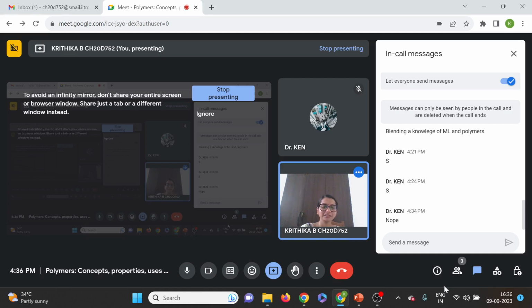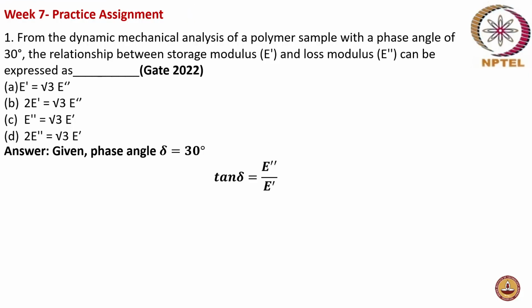It's just the mathematics. Now you have to find out what is tan 30 degree, and then find the relation from the options. You have the four options displayed on the screen.